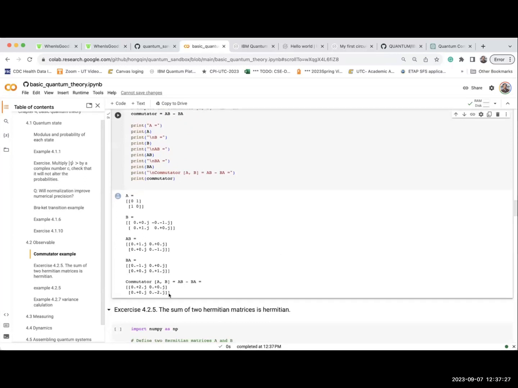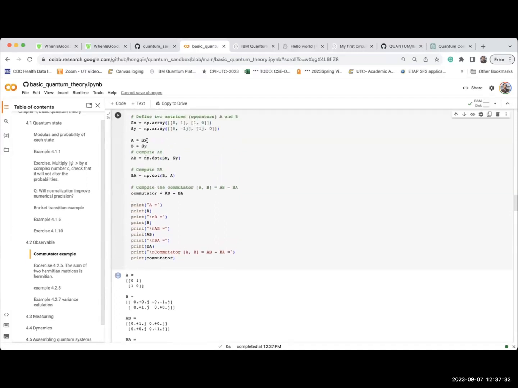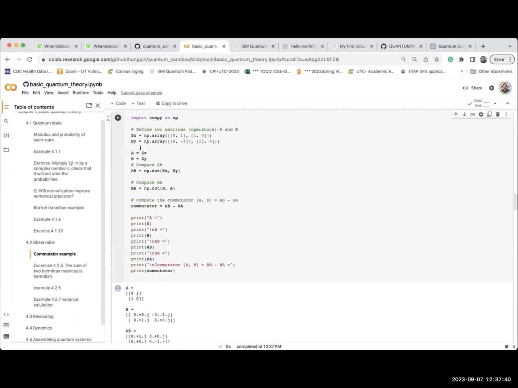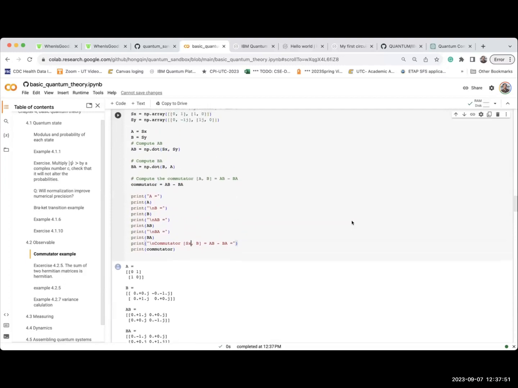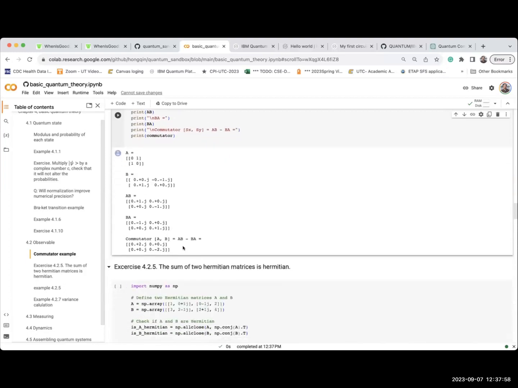Okay, let's see. So this is the commutator of spin Sx and spin operator Y. If we apply the commutator of Sx, Sy, what I got is, A is what? A is Sx. That's correct. Yeah, they just factored out the constant 2i.